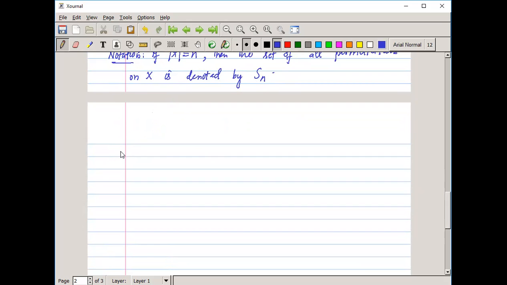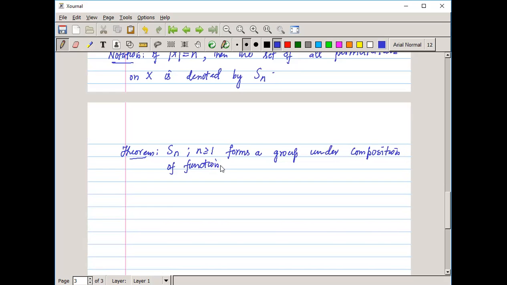Now we proceed towards one nice theorem in abstract algebra. The theorem is: Sn for n greater or equal to 1 forms a group under composition of functions.